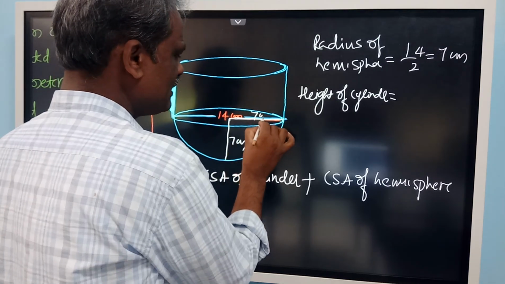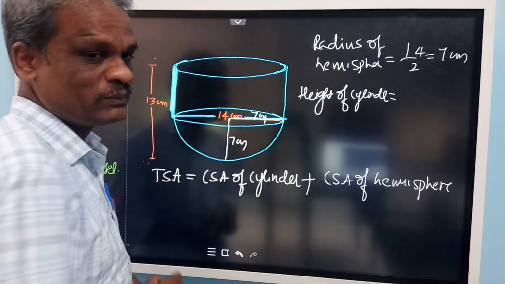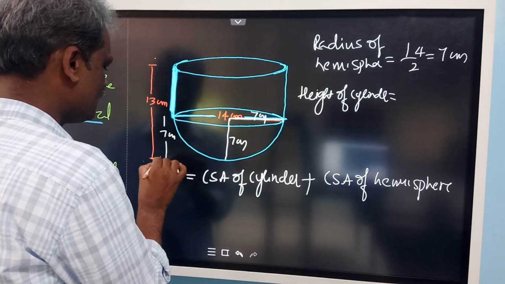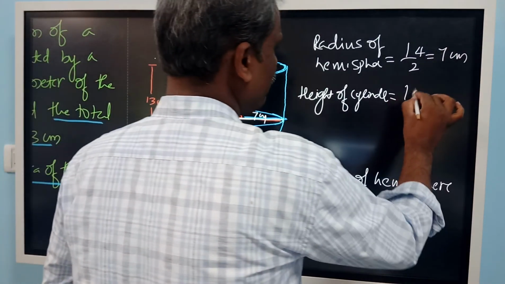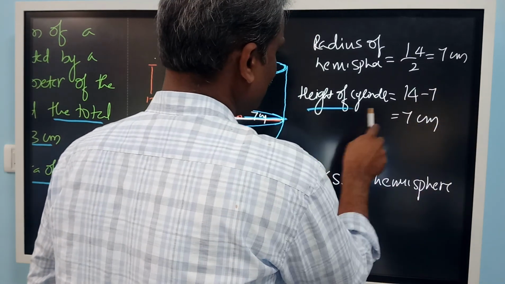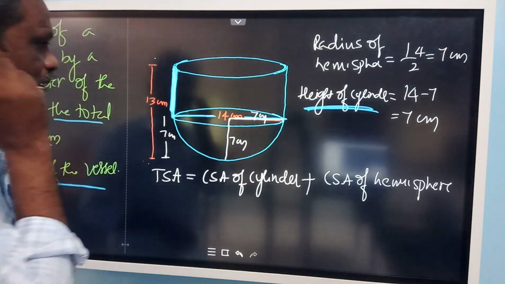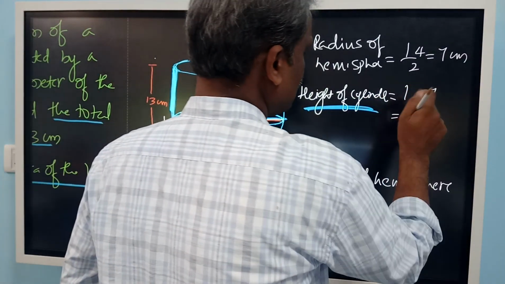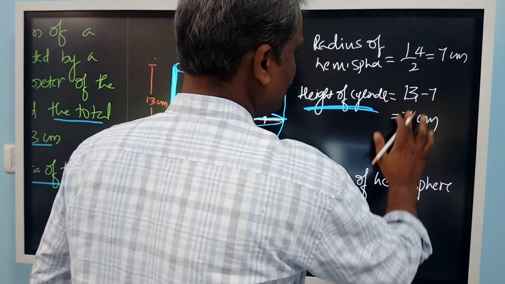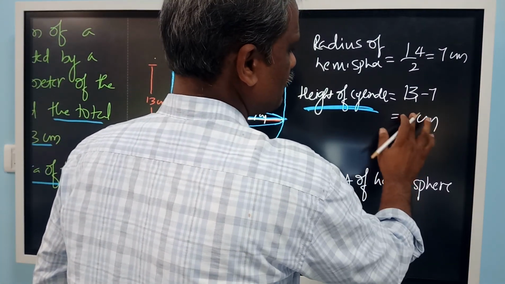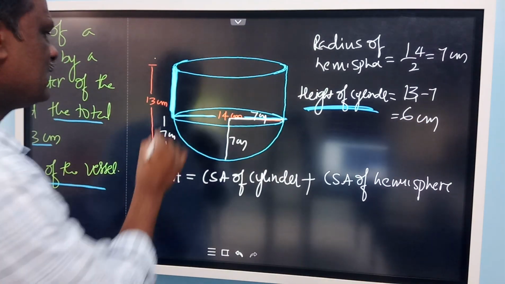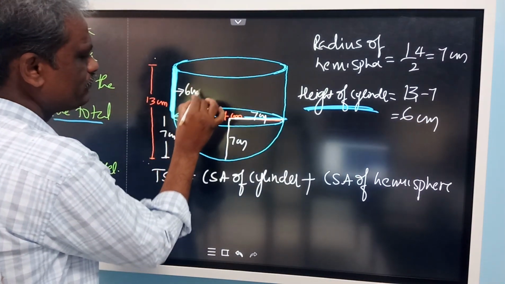Anywhere you can take, it must be 7 centimeter. So from here to here it is 14 minus 7, which is 7 centimeter. Now 13 minus 7, as the total height of this vessel is 13, is 6 centimeter. So this height is equal to 6 centimeter.